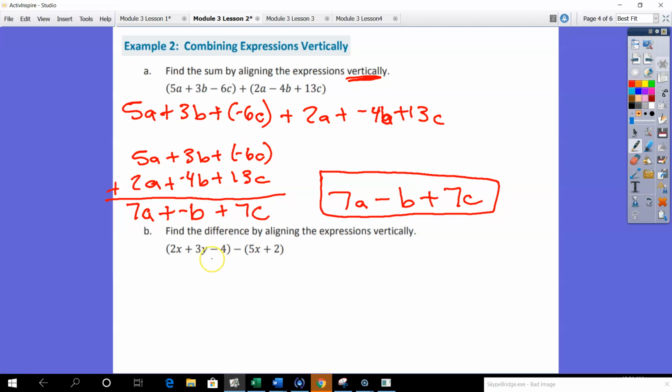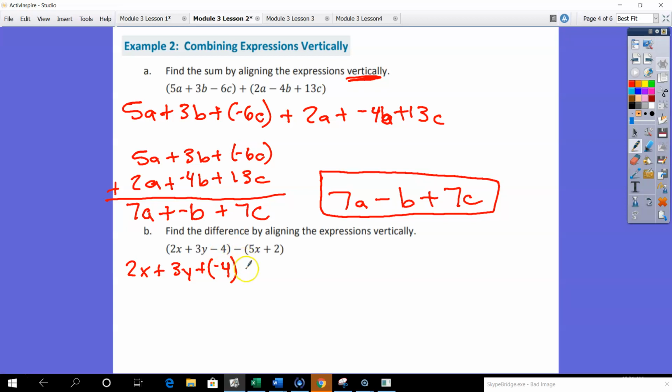Every time I see subtraction, we want to change it to addition first. 2x plus 3y plus a negative 4. So you can just see that you're still taking away 4, plus a negative 4. It lets us move it around differently.